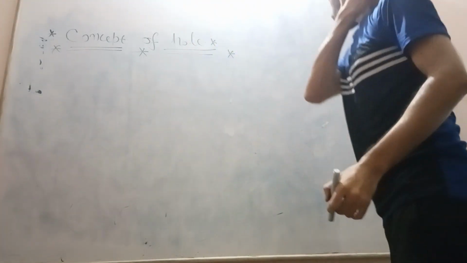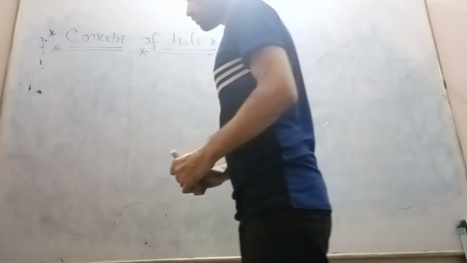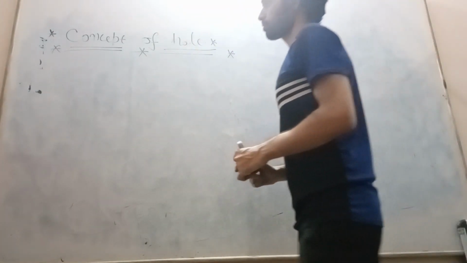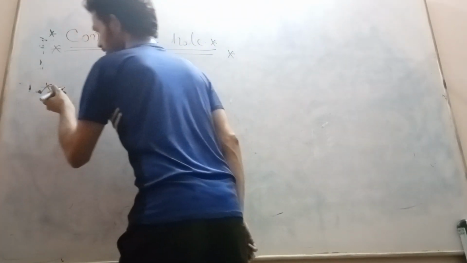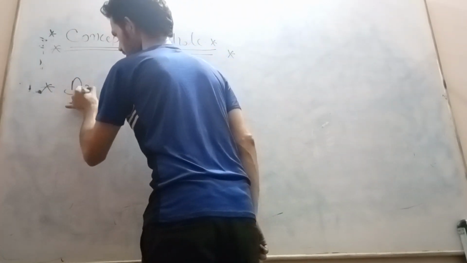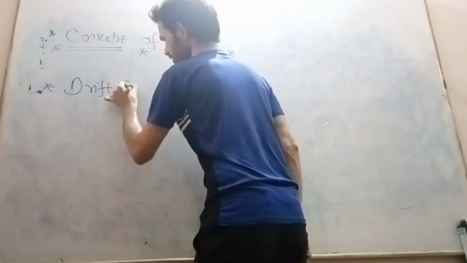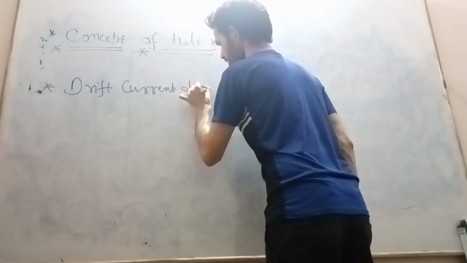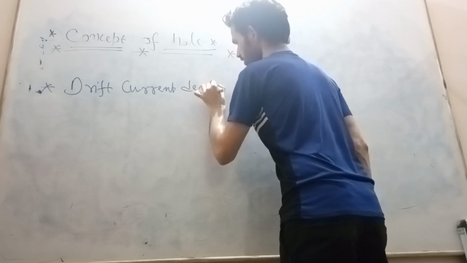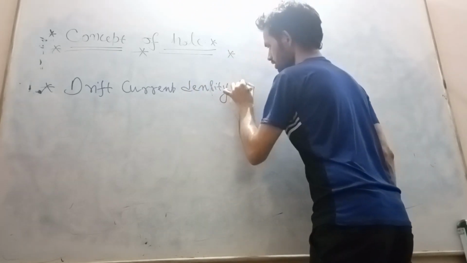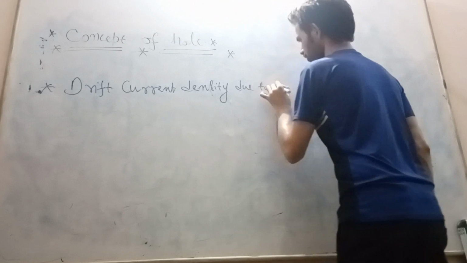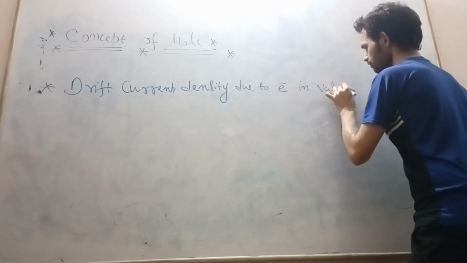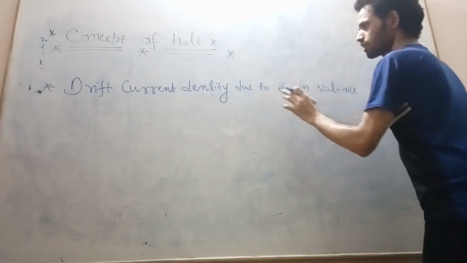So now see here, the current due to the electron in the valence band. That is the drift current density.